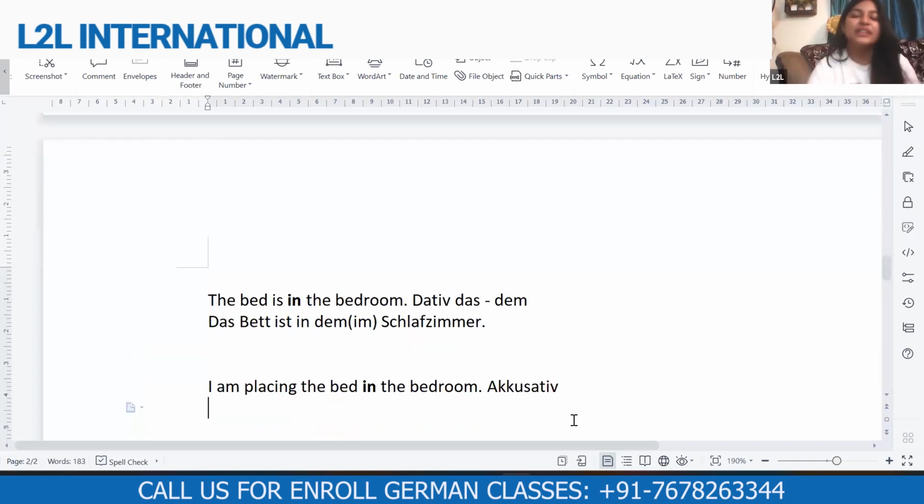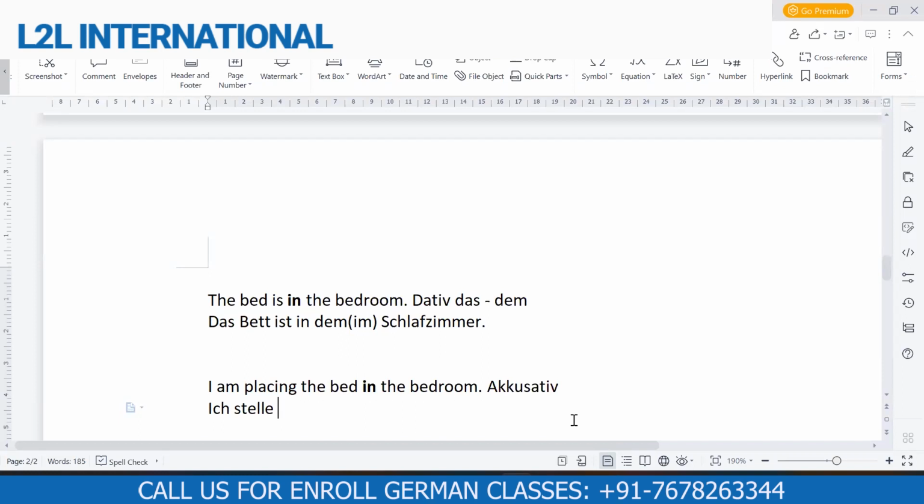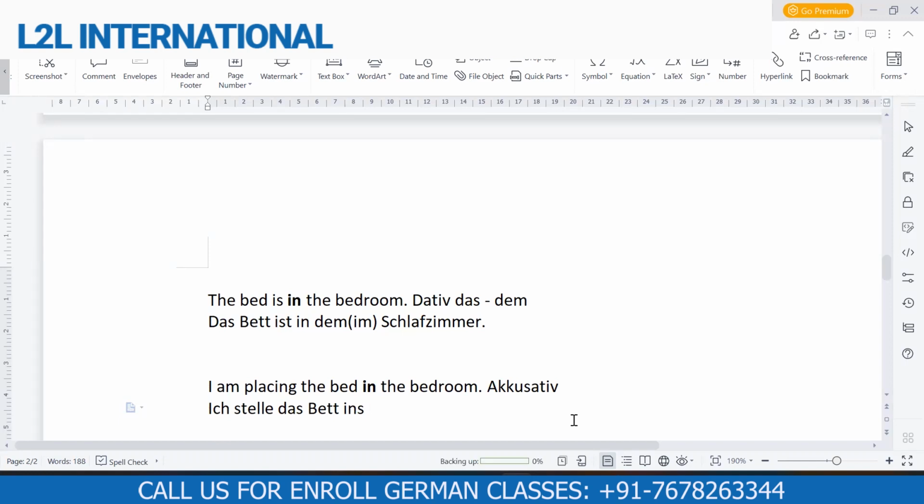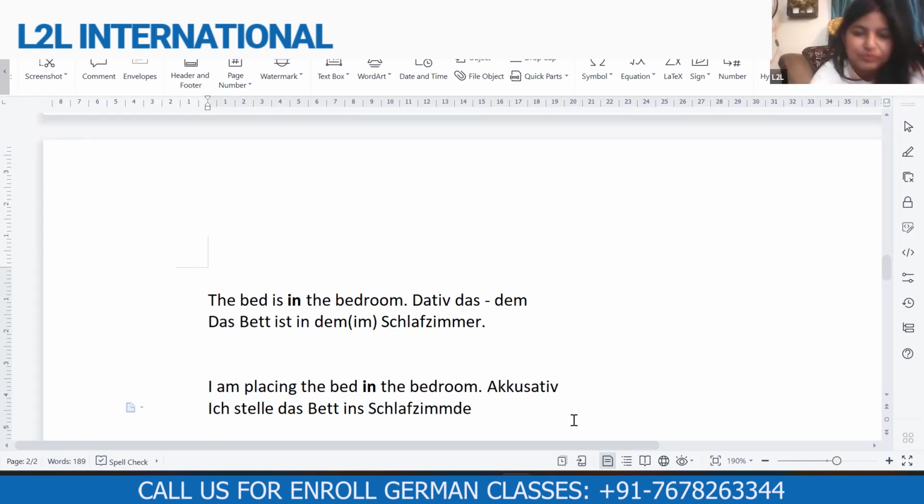And the next accusative sentence, Samriddhi. I am placing. So you have to use the verb stelle. So ich stelle das Bett ins Schlafzimmer.